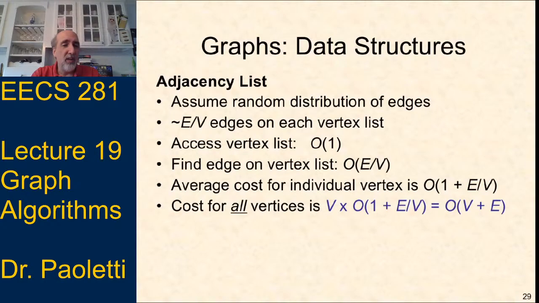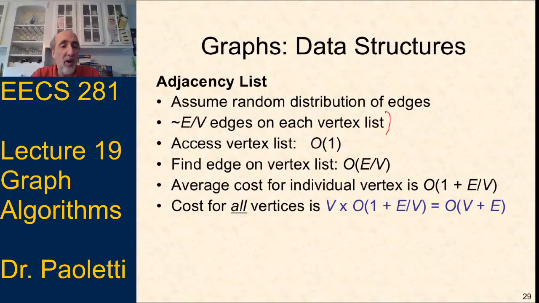It would take me time O of E divided by V, because that's approximately how many edges there are per linked list on average, and that's how long it would take to traverse that linked list. So we would say the average cost for an individual vertex, to get to the head of the linked list and traverse the whole linked list, would be O of 1 plus E over V.